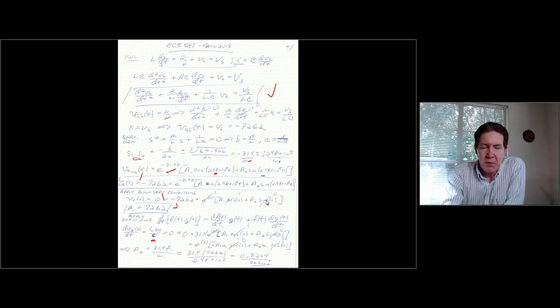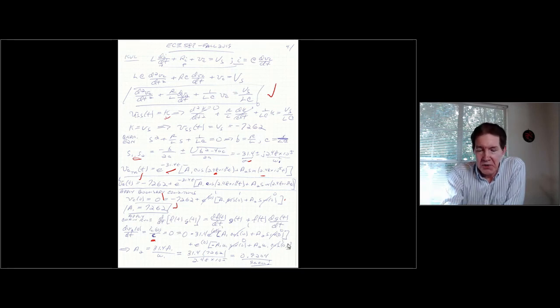And this is going to be equal to the derivative of this expression set at time equals 0. So what you do is take the derivative of the exponential term first. This kicks out a minus 31.4. You then have the second term where you have e evaluated at time 0. Then you have to take the derivative of the sinusoidal terms. They're going to kick out a coefficient of omega.